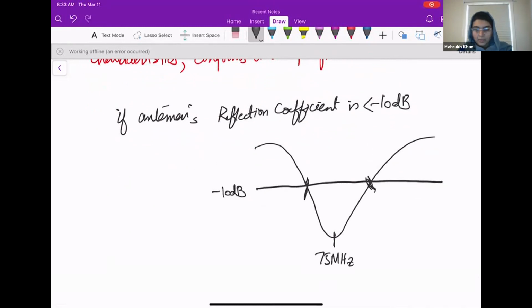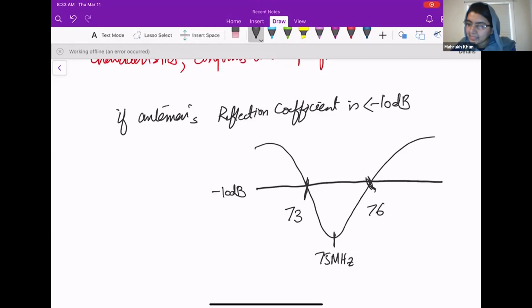Let's say that was 73 and that was 76. So this range of frequencies is the impedance bandwidth where your impedance is matched, right?